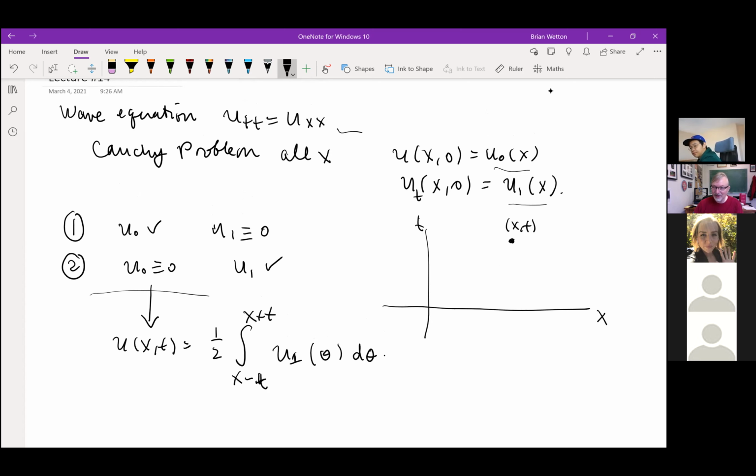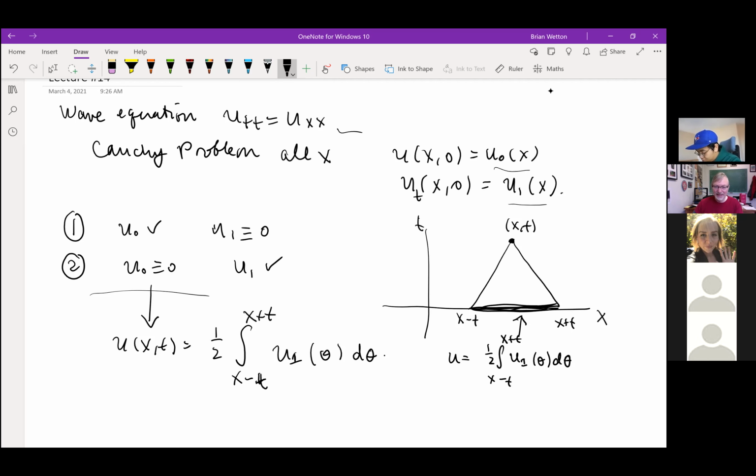There's no U0, so the solution is all being driven by this U1. And if I draw these lines back with slopes +1 and -1, back to the initial line, then you see that the solution is the integral of U1 on that line segment with a half in it. So it's the integral of these values along here.